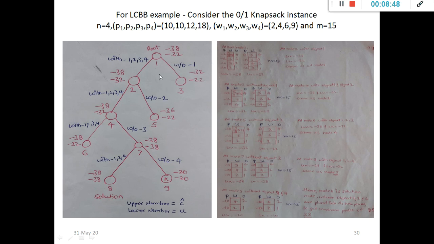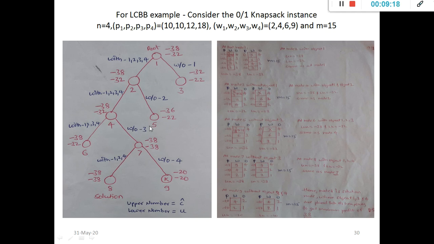Every time when designing or expanding this state space tree, you start with placing object 1 into the knapsack, or without placing object 1 into the knapsack. Similarly, placing object 2 into the knapsack or without object 2, with object 3 into the knapsack or without object 3, or with object 4 into the knapsack or without object 4.